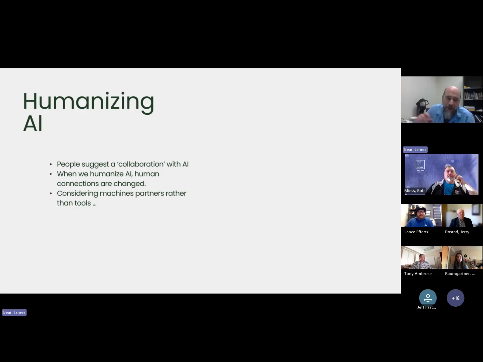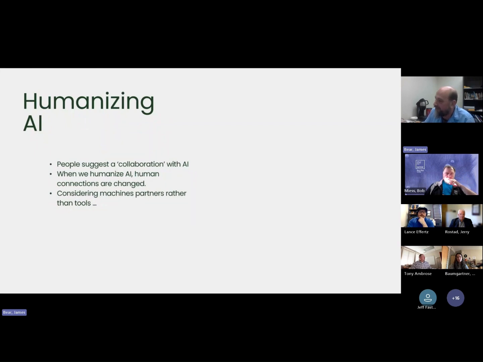And so here's the thing, though. I know one of our faculty at UJ, Dr. Mark Carpenter, when we were having our sessions on AI, he made this point. One of our sessions was about a collaboration with AI, and he made the point that was almost offensive to him, because we don't collaborate with machines.